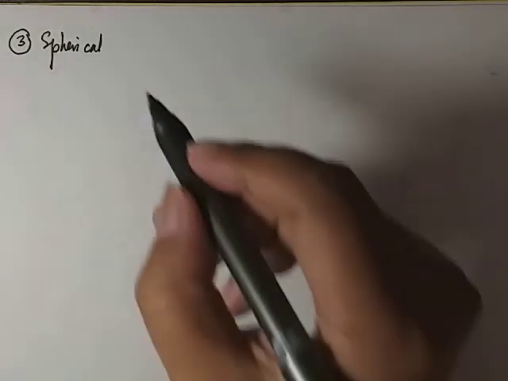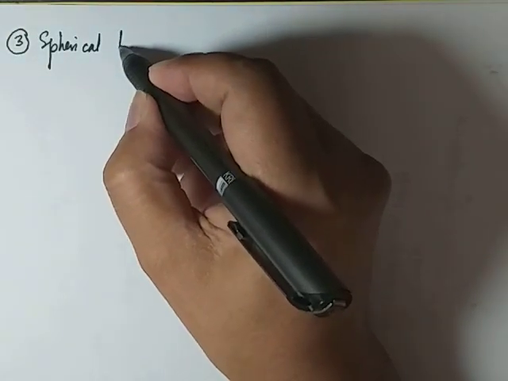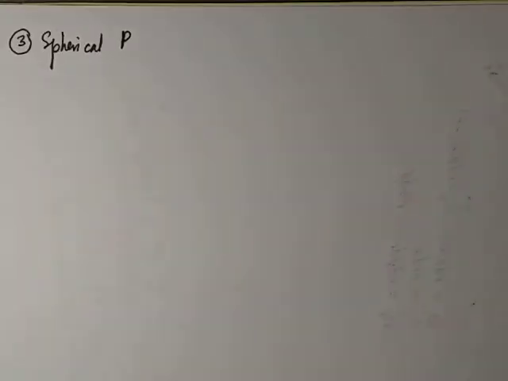Okay, so the point P, I'm going to indicate the point in space in this coordinate system. So why am I using the symbol P? Just to remind us, this is the same position as what we have defined in the Cartesian as well as in the cylindrical.